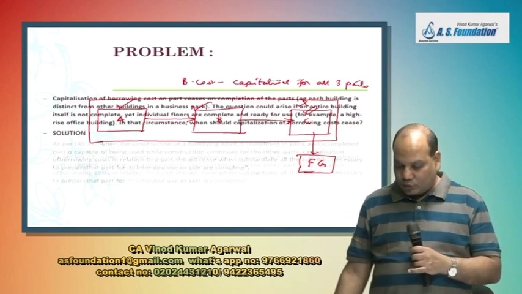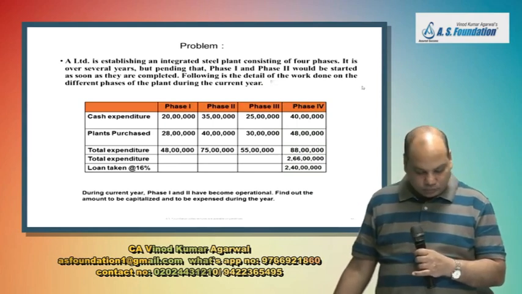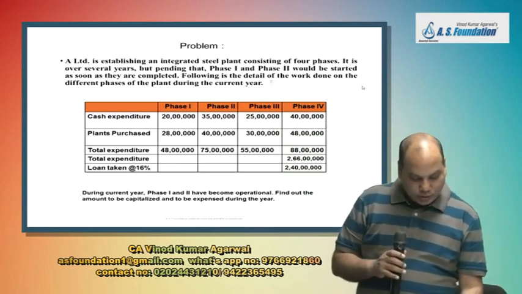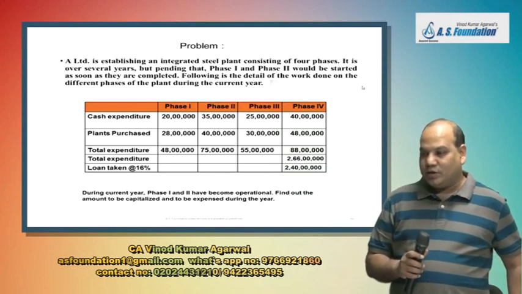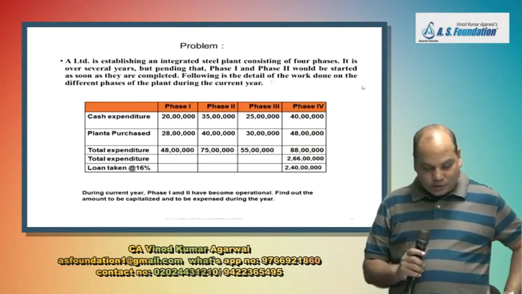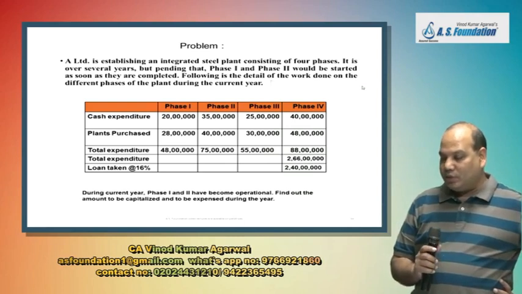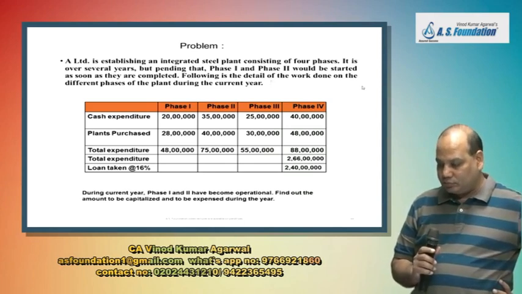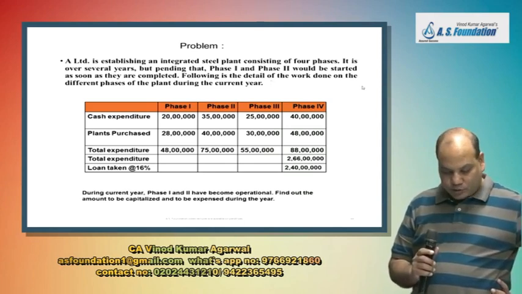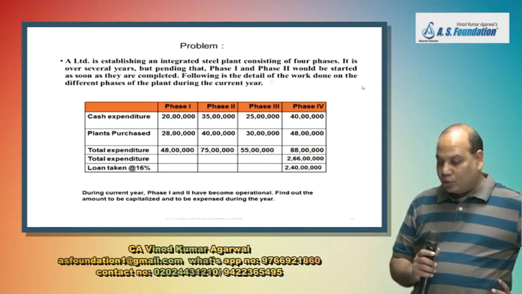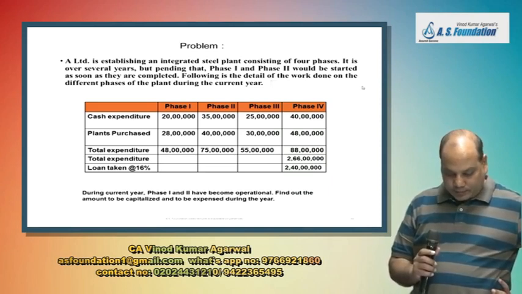Now we'll solve one more question, in the notes only. To write the answer, I have kept some space blank. Question number 9. A Limited is establishing an integrated steel plant consisting of 4 phases, phase 1, 2, 3, 4, which you will see below. It is over several years.